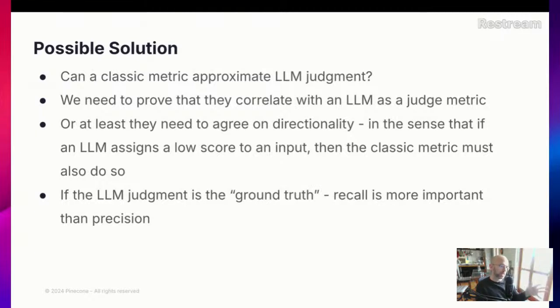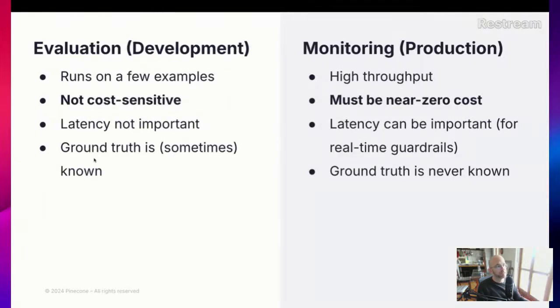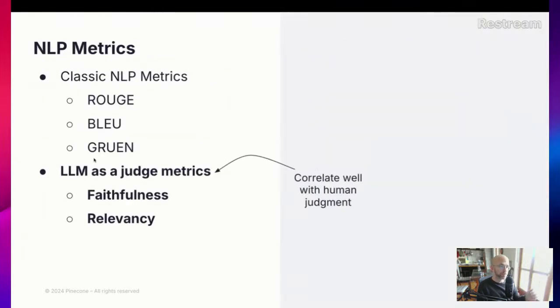You start with an LLM-as-a-judge metric. You take one of the classic NLP metrics, and you try to retrain or fine-tune it to correlate well, or to agree on the negativity, with the LLM-as-a-judge metric. It's not that complex, but it's a good way of thinking about this problem.